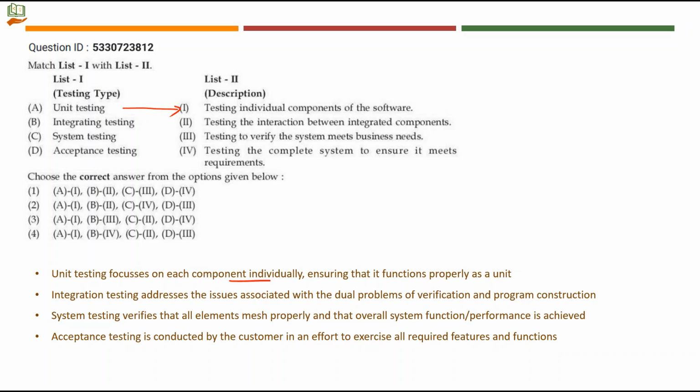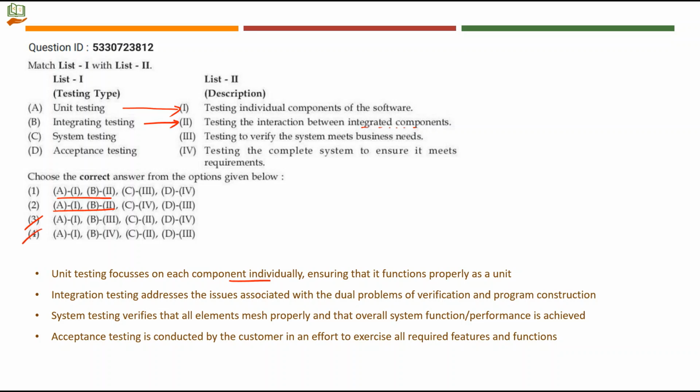What about integration testing? This addresses the issues associated with the dual problems of verification and program construction. So here it is testing the interaction between integrated components. Testing something individually is unit testing. When you test integrated components, it becomes integration testing. The meaning is directly given. So B maps to 2. A1, B2 is available in 2 of the options. The rest 2 can be ruled out.